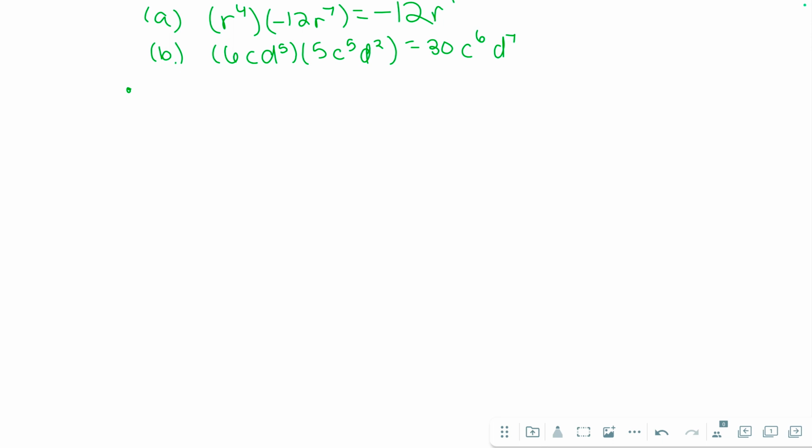Do you remember why it's 1? We'll talk about that tomorrow when we do lesson 2.